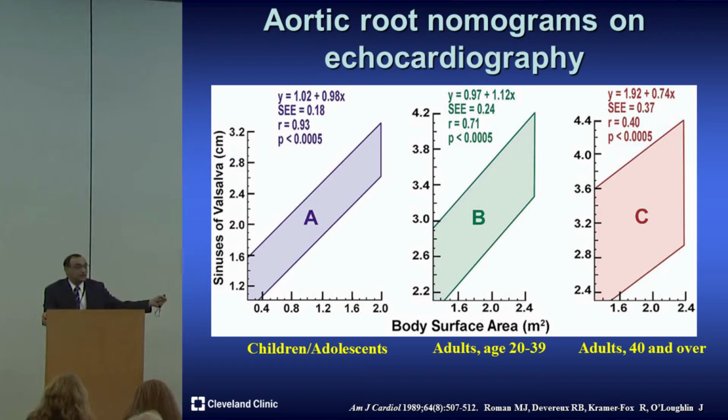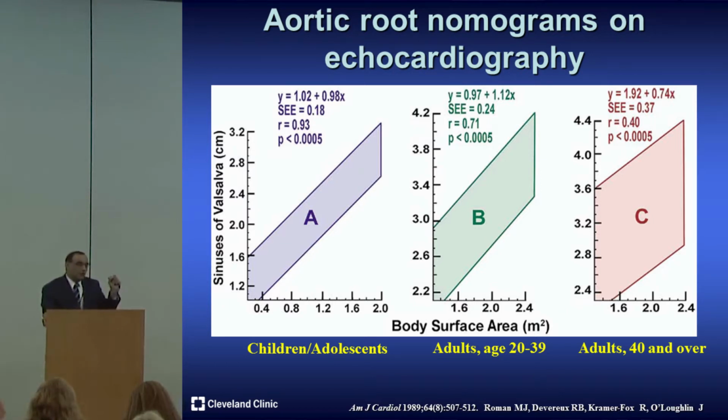One is for children and adolescents, the other one is young adults, 20 to 39, and the third graph is unfortunately where I have started to fall in now, 40 and over, more mature adults, let's put it that way. So this is a range. The shaded boxes are where the numbers are expected to fall, and they increase as your body surface area increases.